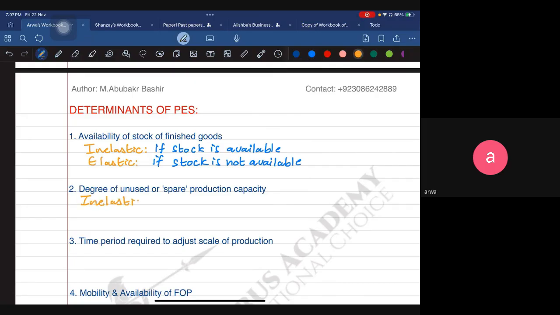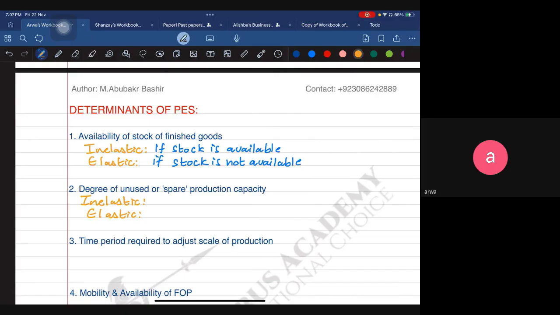Then, degree of unused or spare production capacity. This basically means they have excess resources, excess labor, all of it. Inelastic would be if they don't have spare capacity, if they're at full employment at that time. And elastic is if they do have spare capacity.